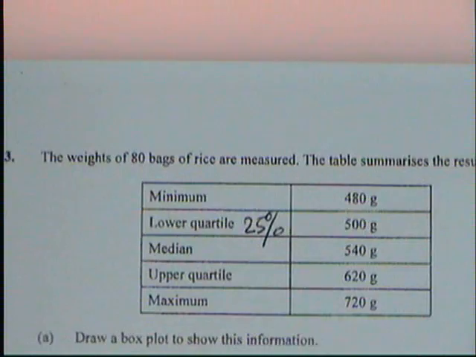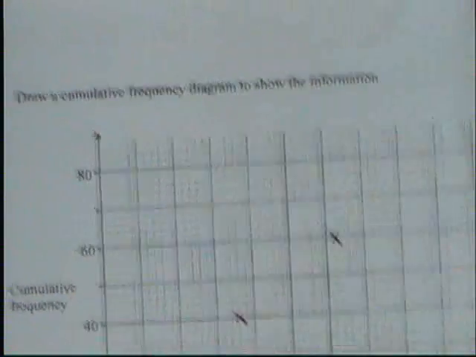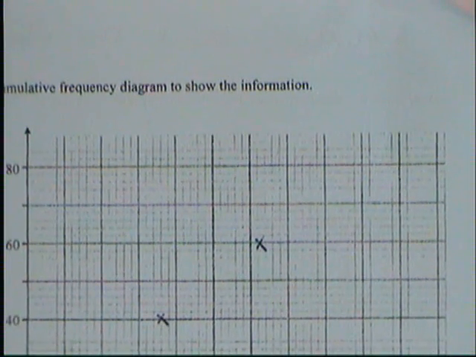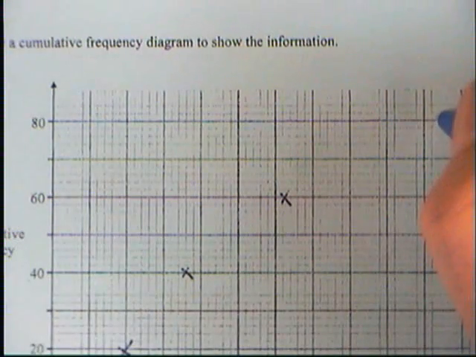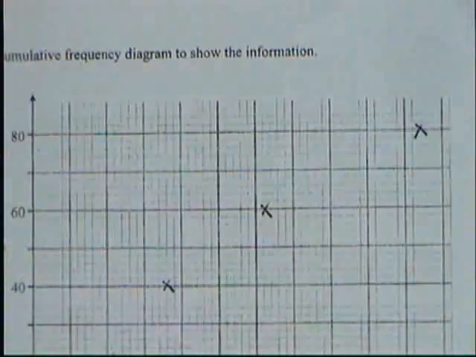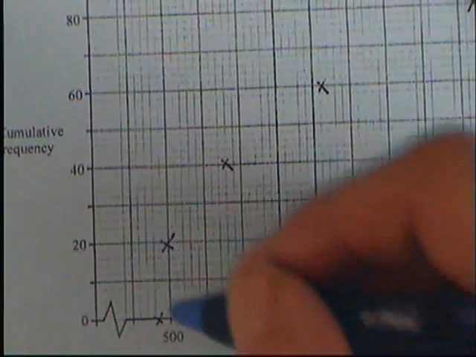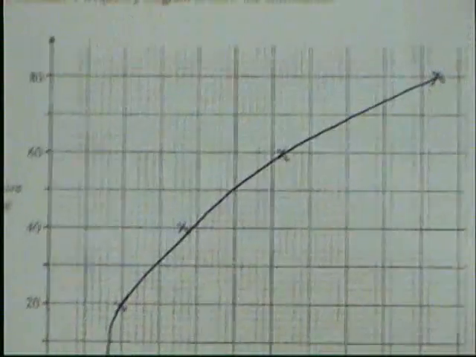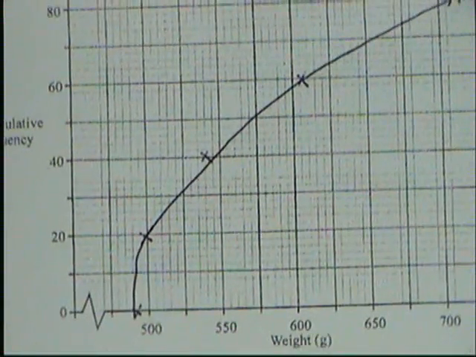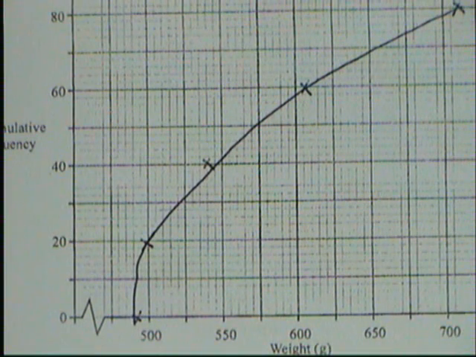The maximum value is then 720, around there. And that's just drawn with a smooth curve. And that's how you draw a cumulative frequency curve.